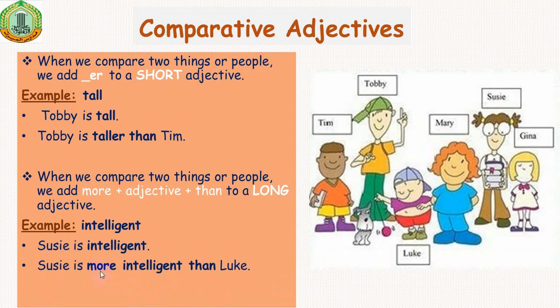We use more, adjective, and than because intelligent is a long adjective. So to form comparative adjectives, there are two ways. One way is to add er to the adjective when it is short, like taller. The other way is to add more before the adjective and then than, if the adjective is long.